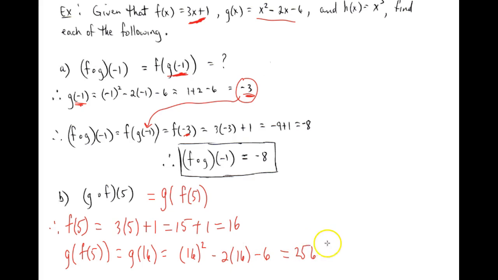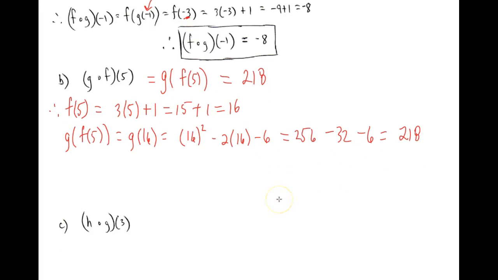And of course, 2 times 16 is 32, minus 6. When we work all that out, we end up getting 218 as an answer. So thus, the answer to this question will be 218.